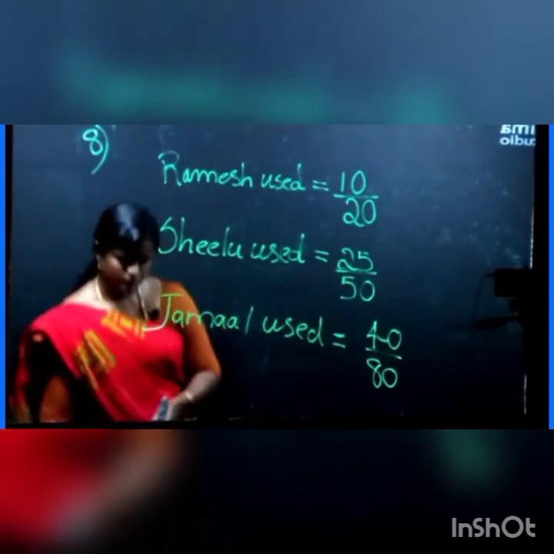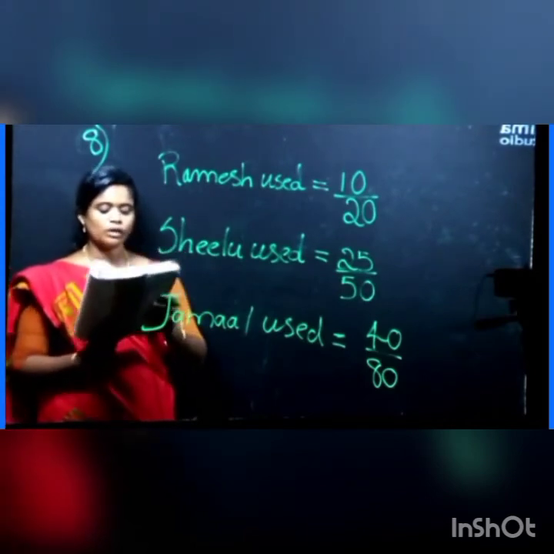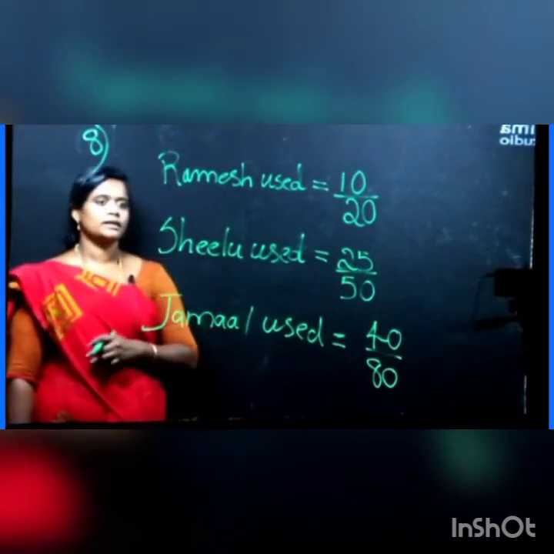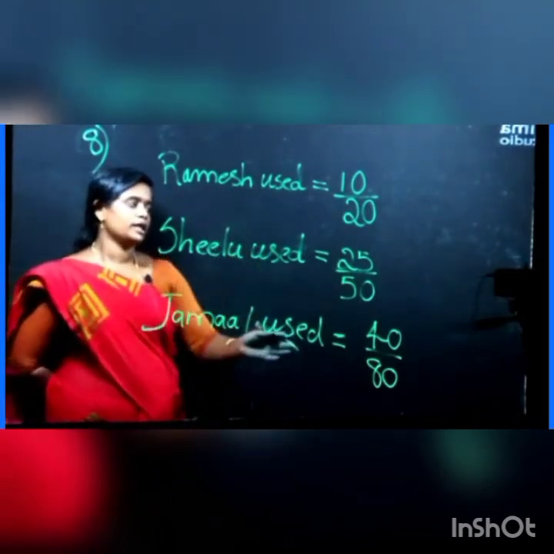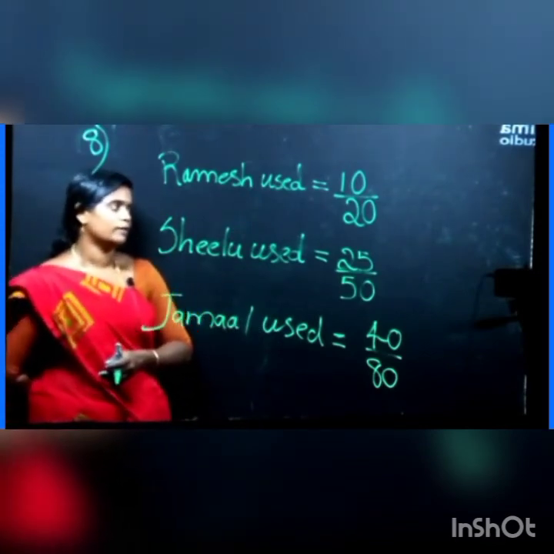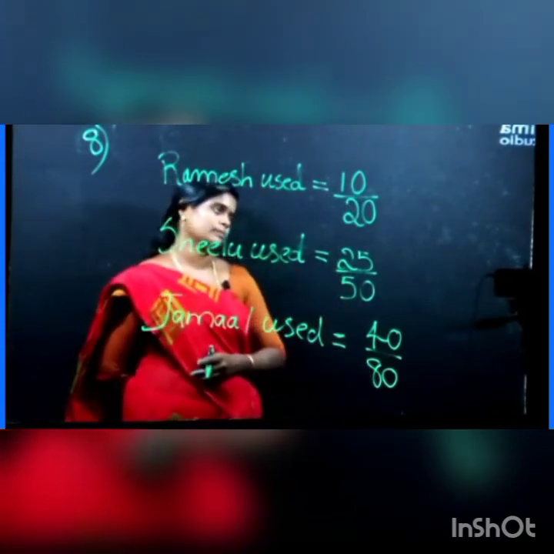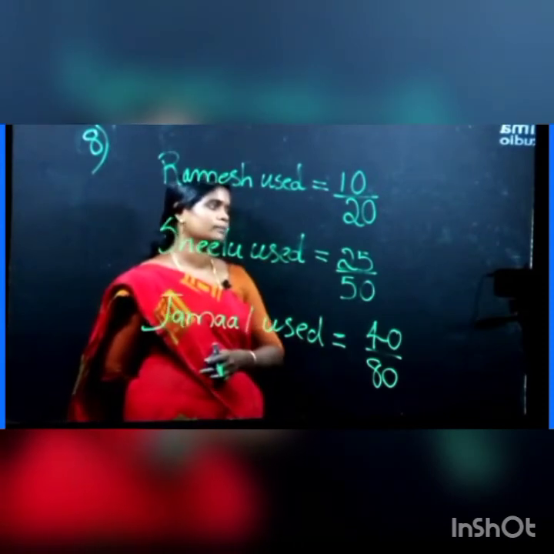The next part of the question is to check if each has used up an equal fraction of his or her pencils. For that we can convert these fractions into their simplest form. First consider the first fraction, 10 by 20.